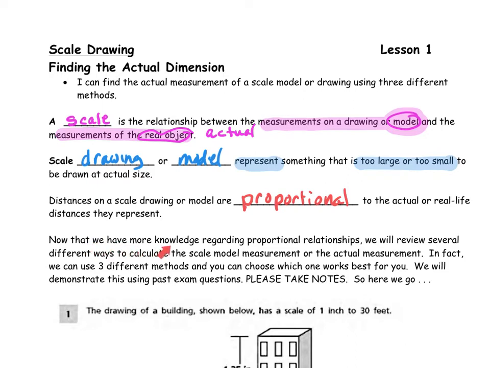Now that we have more knowledge regarding proportional relationships, we will review several different ways to calculate the scale model measurement or the actual measurement. In fact, we can use 3 different methods, and you can choose which one works best for you. We will demonstrate this using past exam questions, so please take notes, and here we go.